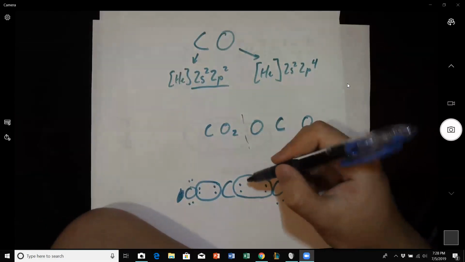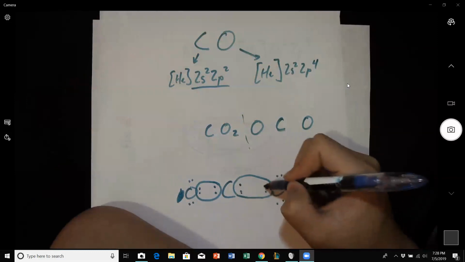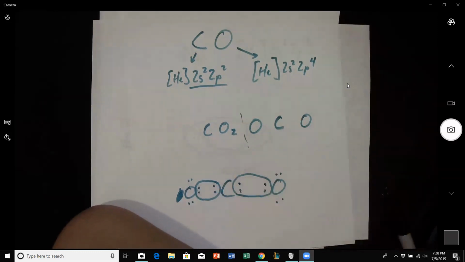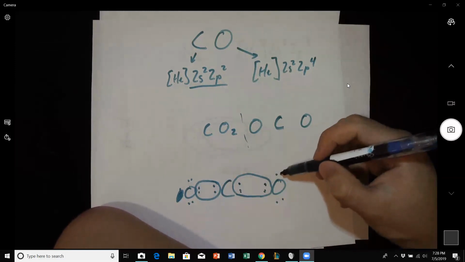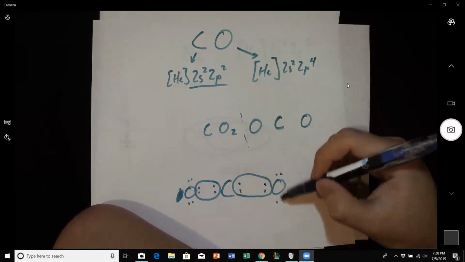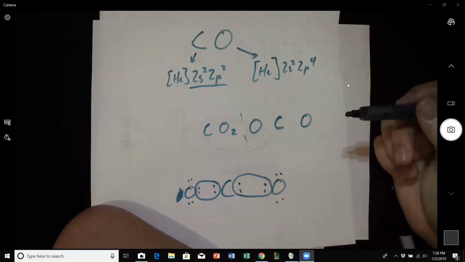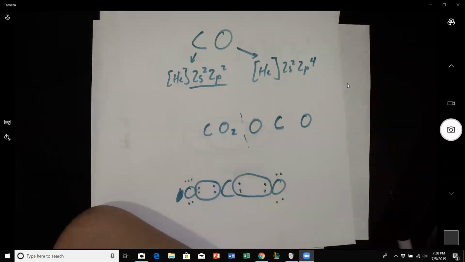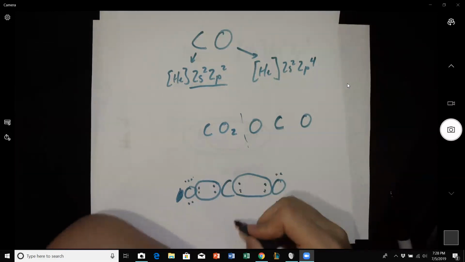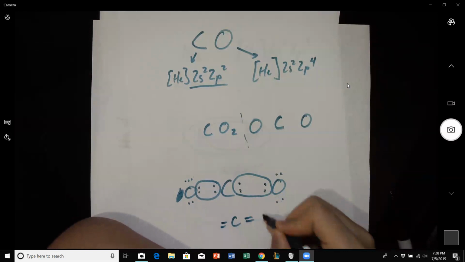So now you can see in total, carbon has 1, 2, 3, 4, 5, 6, 7, 8 electrons, and we've fulfilled the octet rule. Oxygen also has 8 electrons, and 8 electrons on the other. So everything's good. And then you can draw this as this.